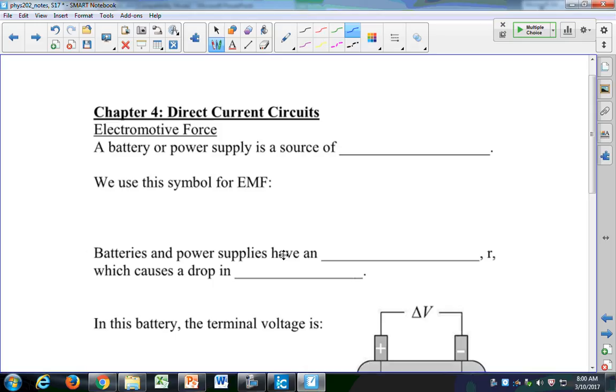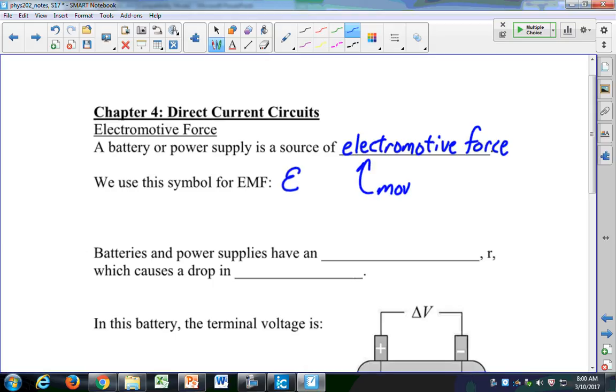A battery or a power supply is a source of what we call electromotive force. And we use this symbol. It's called EMF, or electromotive force. And the EMF, we use the script E. You know, we move electrons.